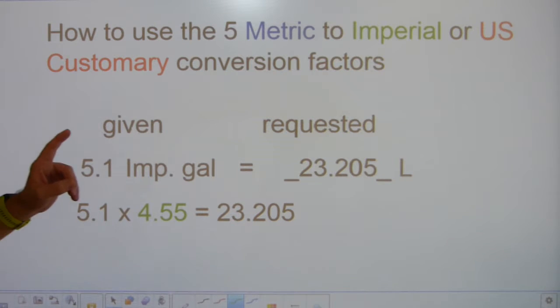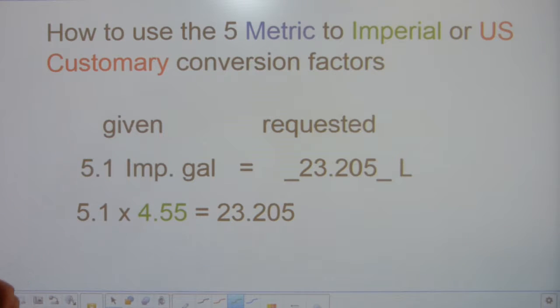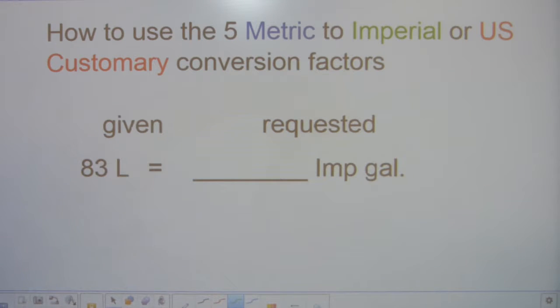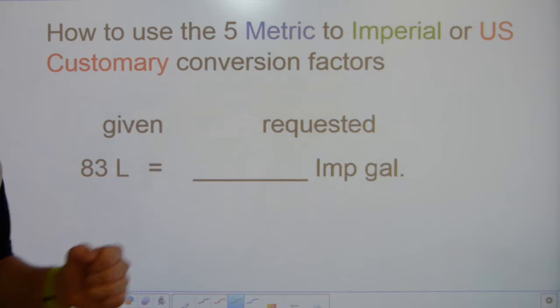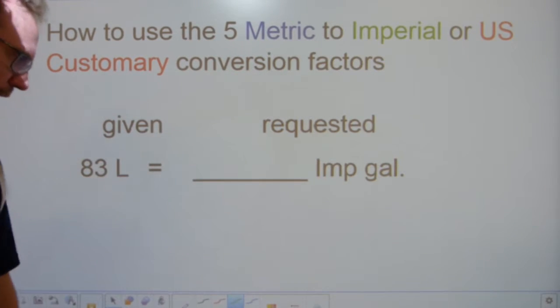Now, let's take a look at how this conversion looks when the units are reversed. 83 liters is to be converted to imperial gallons. Of course, you need to remember your conversion factor, 4.55, because that's the only conversion that ties together liters and imperial gallons.